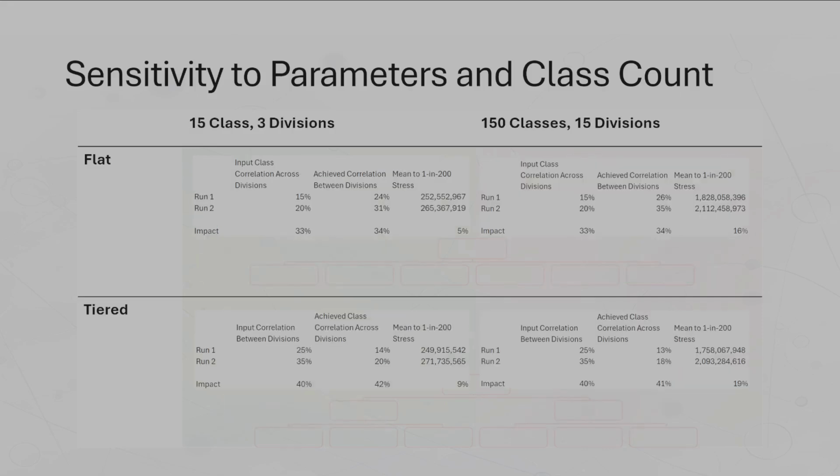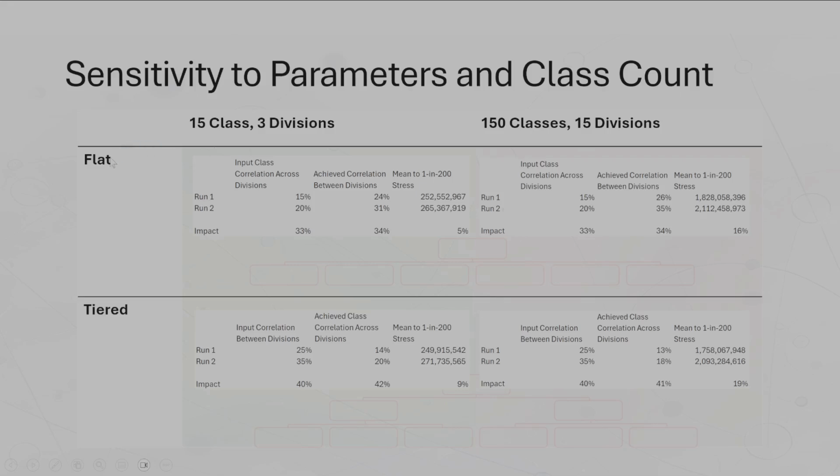So excuse the slight change of layout. We've now got the 15 class 3 division results here on the left and the 150 class 15 division results on the right. And those 2 runs that we were discussing are being listed as 2 rows in each of these mini tables.